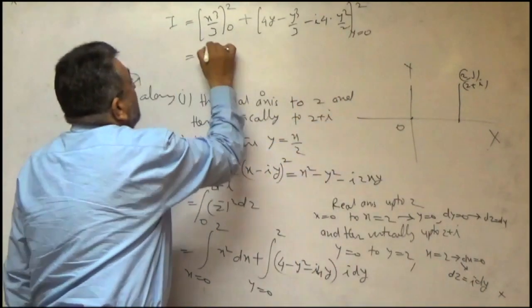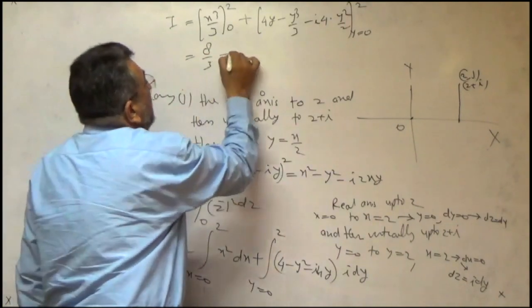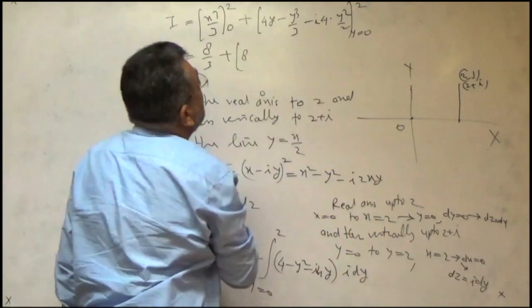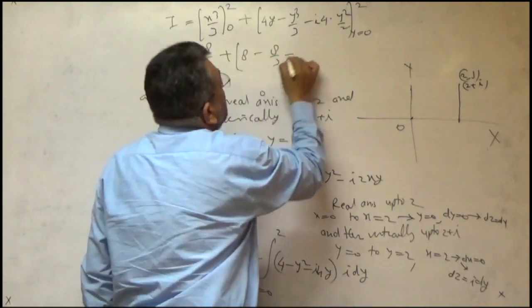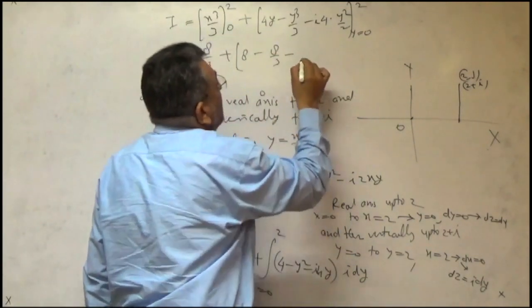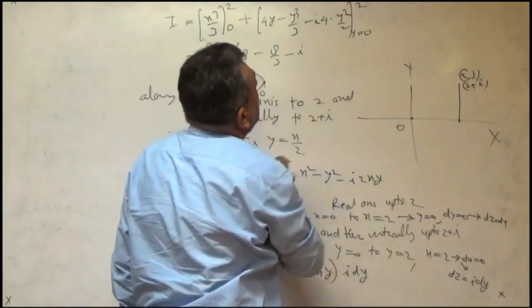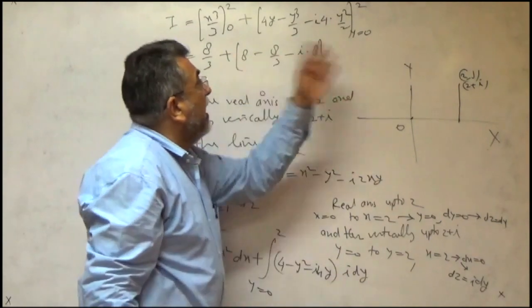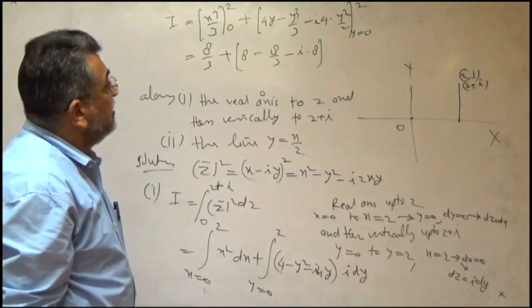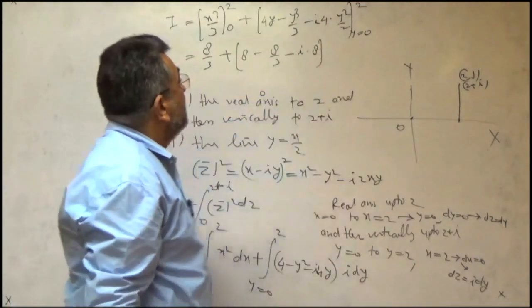After substituting the limit, this is 8 by 3, and this is minus 8 by 3, this is minus i times 8. At y equal to 0 it vanishes, that is equal to 0, to cancel out.